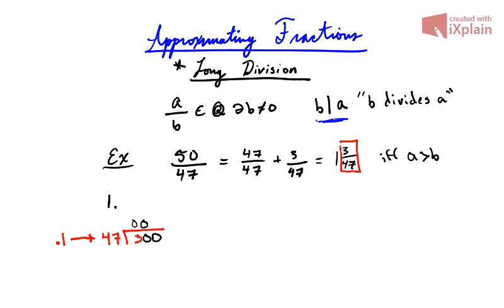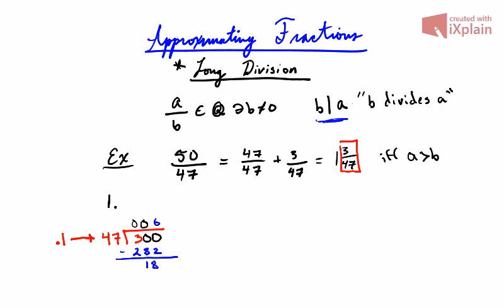Now 47 will go into 300. How many times does 47 go into 300? Say 6. And we'll see why in a minute. 6 times 47 is 282. And you'll have 18 left over.